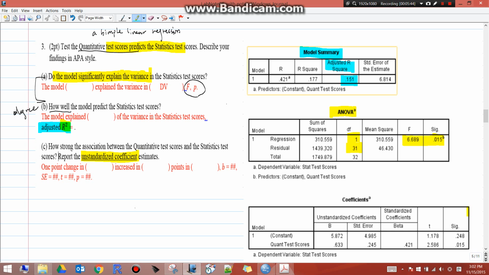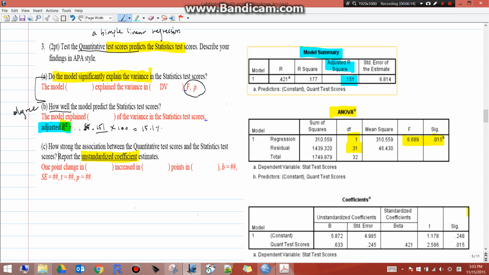So the model explains 0.151, and if we multiply this by 100, it gives us the percentage. So the model explains 15.1% of the variance in statistics test scores, and you report adjusted R squared over here.